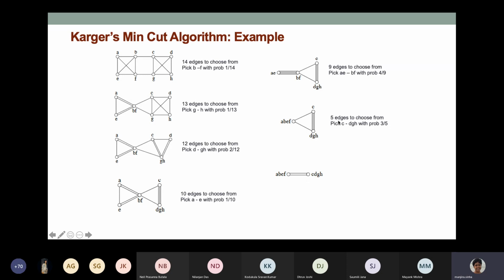Say, why are we choosing this one, 4 by 9? Because this has a higher probability. Even if you are choosing at random, because this has a higher probability, we are assuming that this will be chosen first.